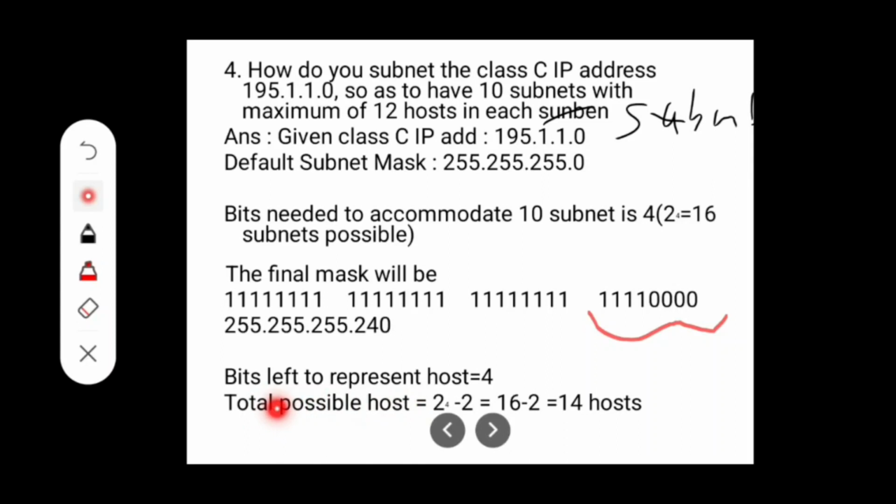The total number of hosts possible is 2 raised to 4 minus 2, which is equal to 14. Clear? So 14 hosts are possible. This is very important. These are GATE level questions, and such questions can surely be asked in the university.